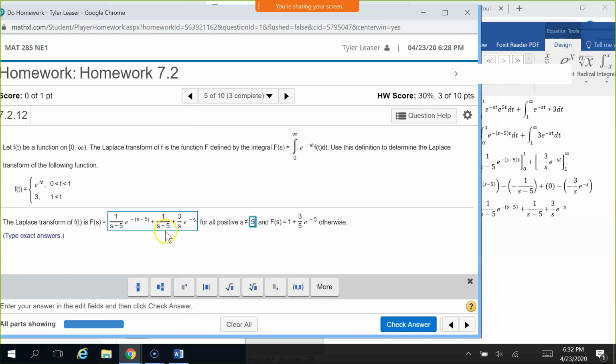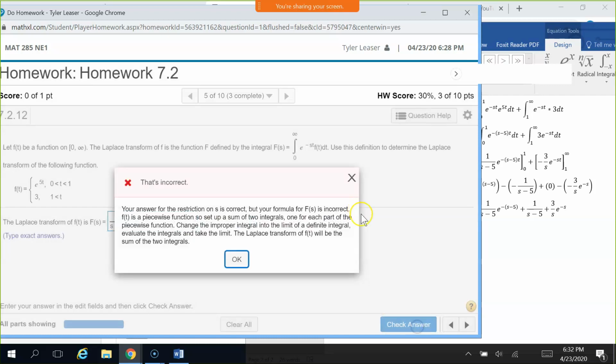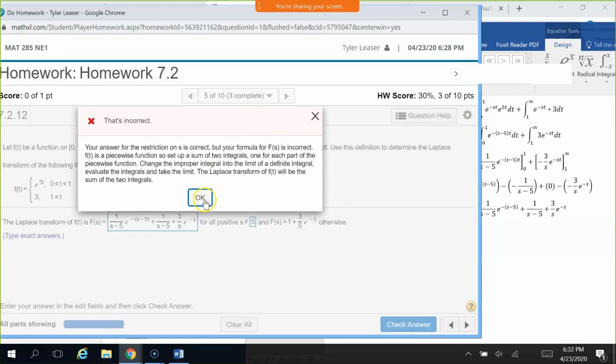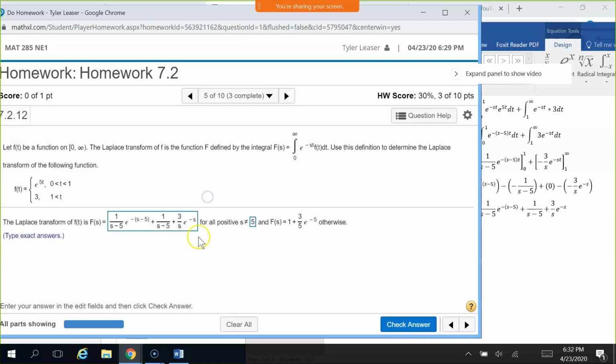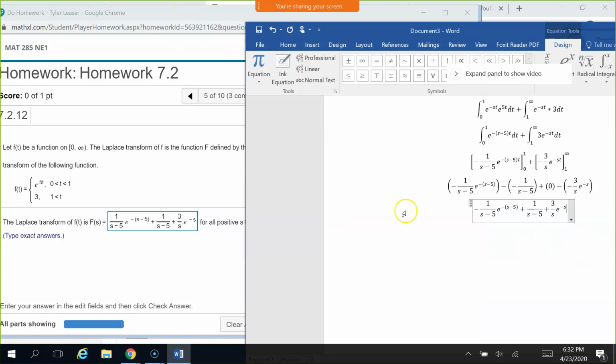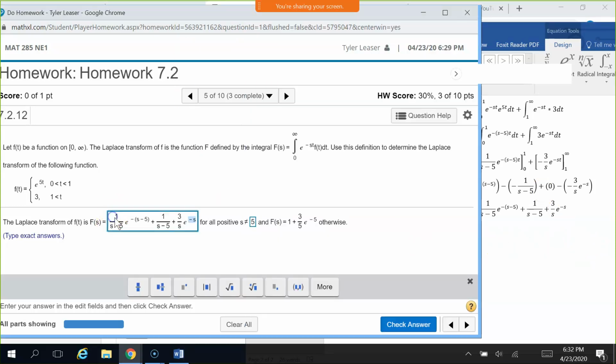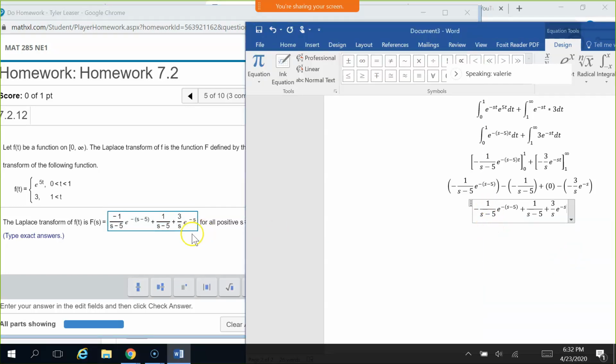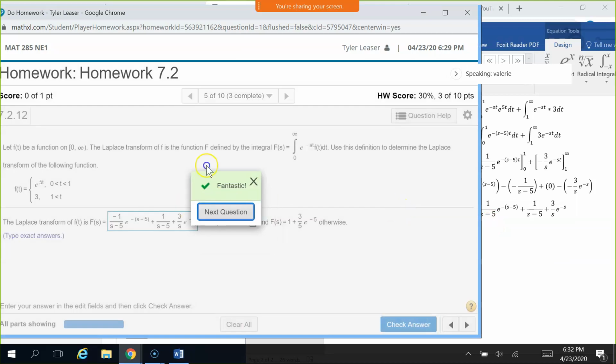Just because I see the s minus 5s in the denominator, so it has to be 5. Oh no. Did I mess up somewhere? Oh, I forgot my negative on the first one. So negative 1 over s minus 5. Okay, there we go. Yay.